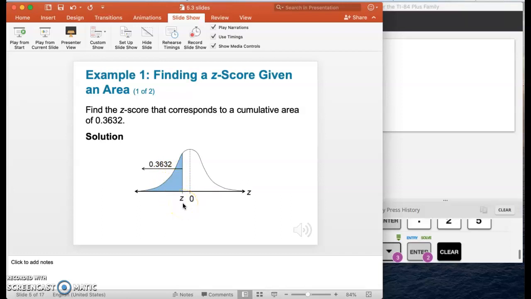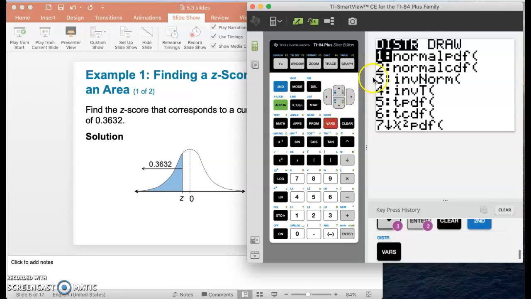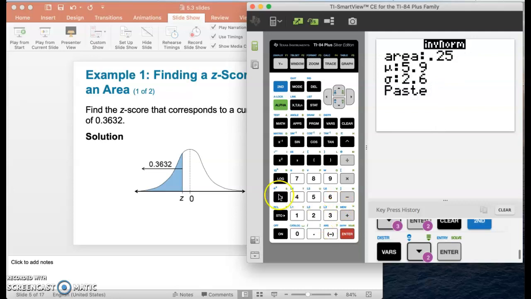In order to find the z-score, we're going to use the inverse norm function on our TI-84 calculator. So I pulled up my calculator here. To get to the inverse norm function, I'm going to go to second and then vars, and then arrow down to number 3, INV norm, and press enter. Area is what we're given, so I'm going to type in 0.3632.